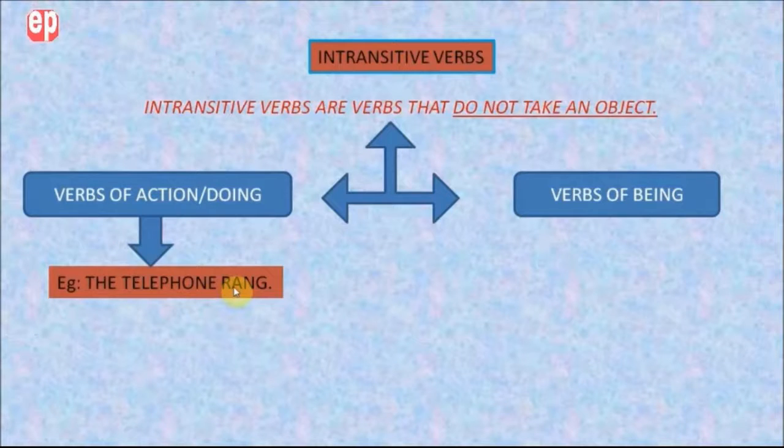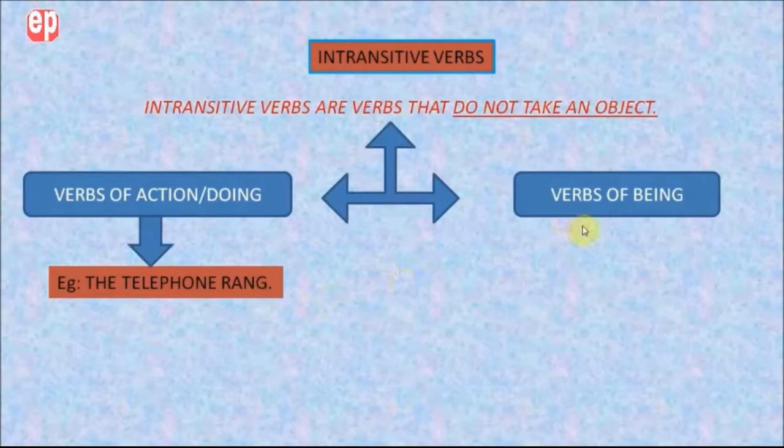The verb rang in this sentence indicates an action, therefore it is called a verb of action. And the verb rang is complete in itself and therefore does not need an object. Hence, this is an intransitive verb.